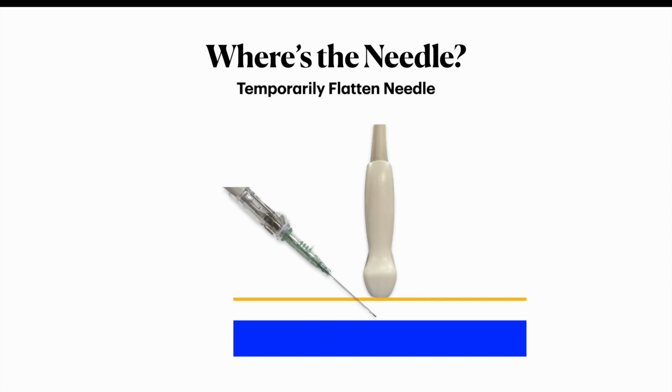And finally, while I did not think to make a real-world example of this while I was performing the procedure, another technique that I like to use is to temporarily flatten the needle, which will help it show up on the ultrasound screen more effectively, but then to return it to our 45-degree angle for advancement until we get our flash. The reason not to just flatten the needle the entire time is that the IV catheter is only so long, and if you take a very shallow approach, you will run out of real estate and your catheter will not be deep enough into the blood vessel.